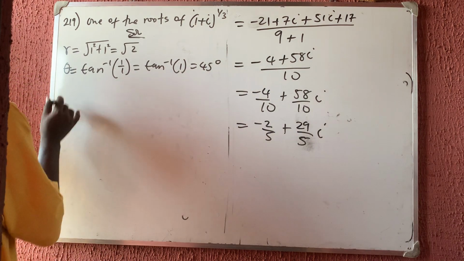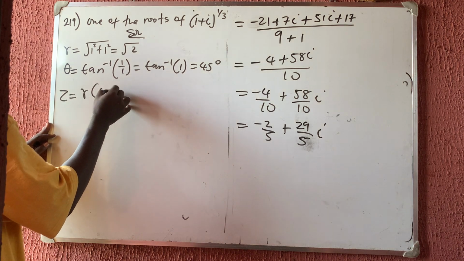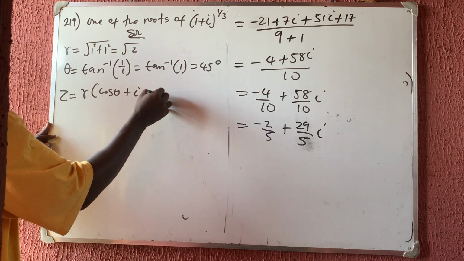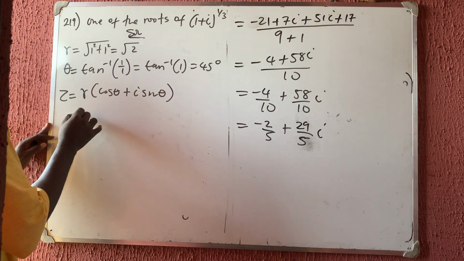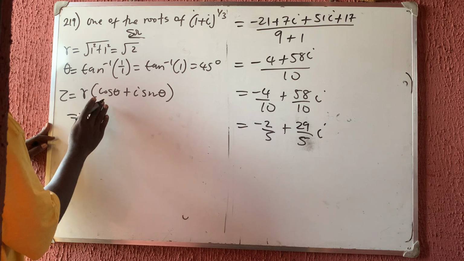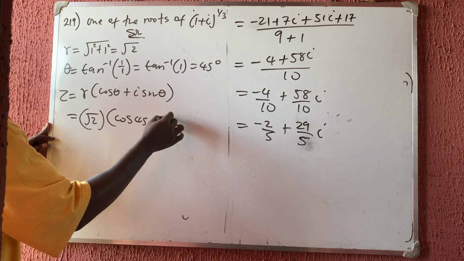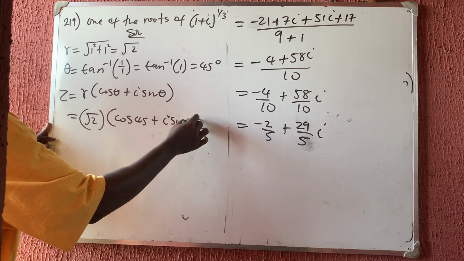So the polar form z is equal to r in bracket of cos theta plus i sin theta, which is root 2 in bracket of cos 45 plus i sin 45.